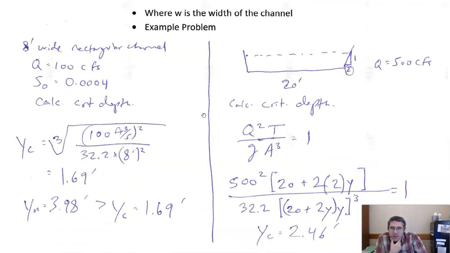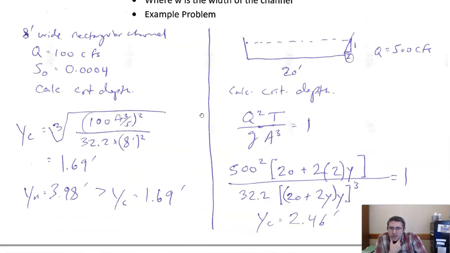All right, so let's look at an example problem. On the left-hand side, this is just finding critical depth for a rectangular channel. We've got an 8-foot wide rectangular channel. The flow rate is 100 CFS, and the bottom slope S sub 0 is 0.0004. Calculate the critical depth.